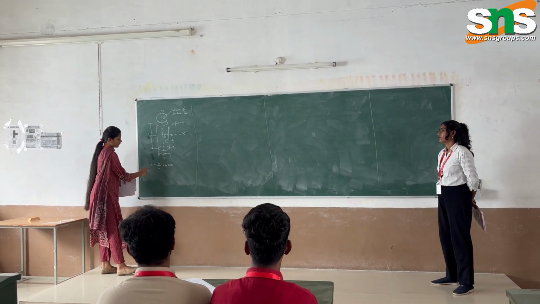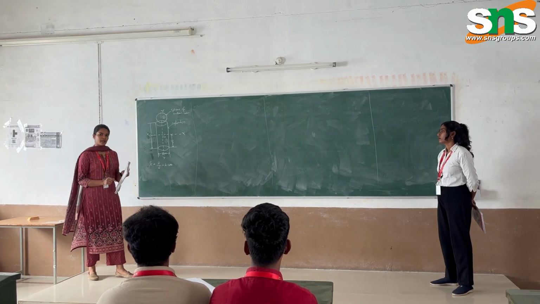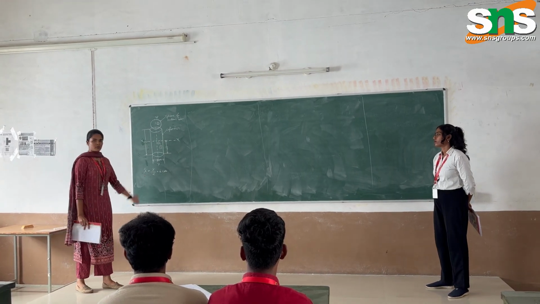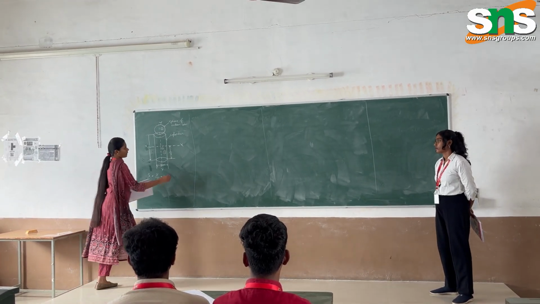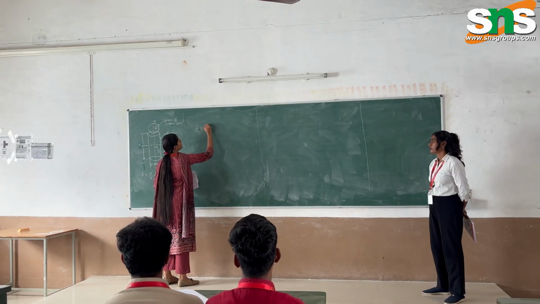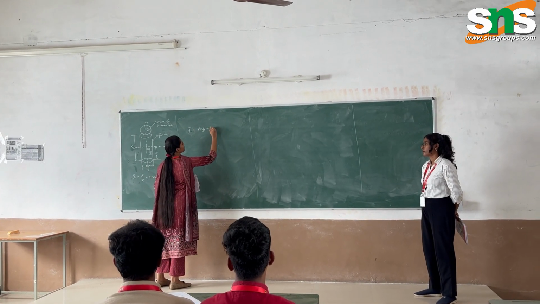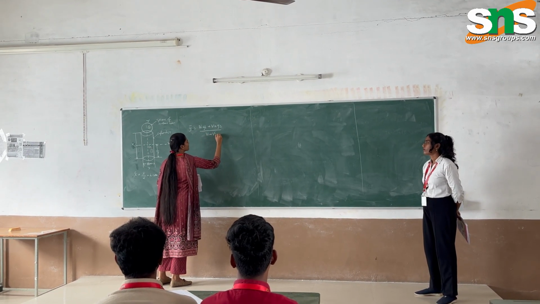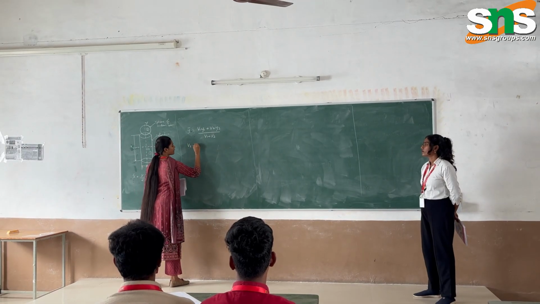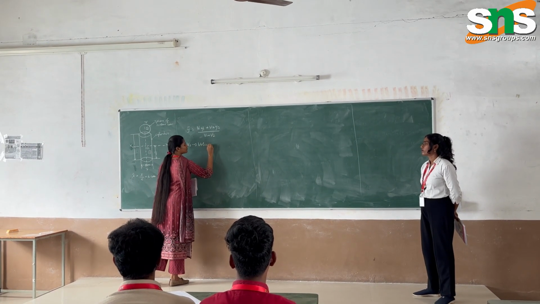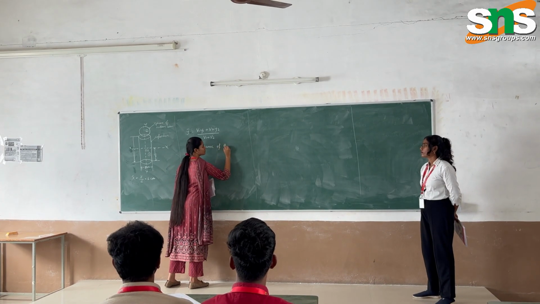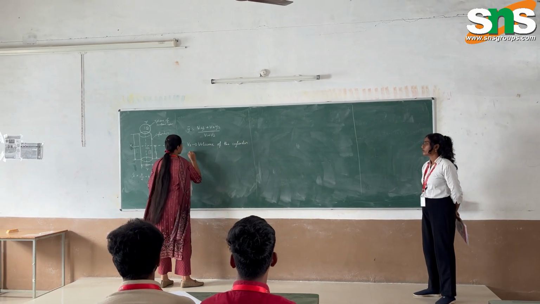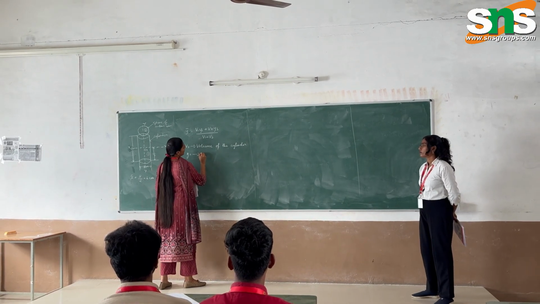In the sum, we have to find x bar and y bar. This is symmetric about the y-axis, so we easily find x bar. For finding y bar, we need this: V1 is the volume of the cylinder, and y1 is its vertical height.